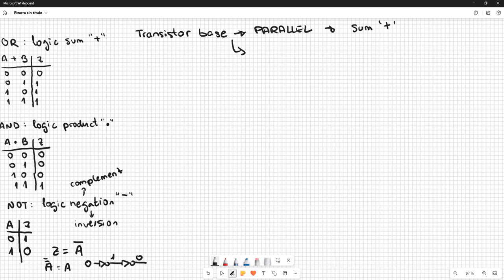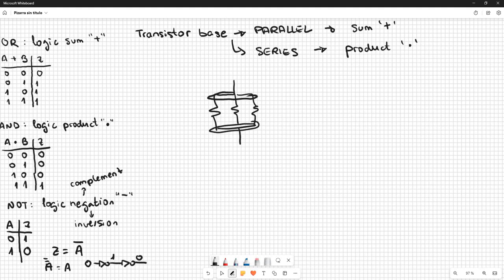If we put the base transistors in series, we are going to have the logic product of the inputs. Remember that in parallel the components share the same connections, and in series the components are put one after the other. So we are going to see an example of this.